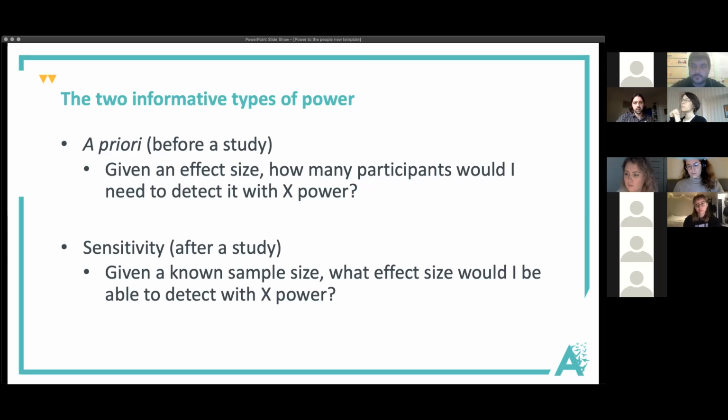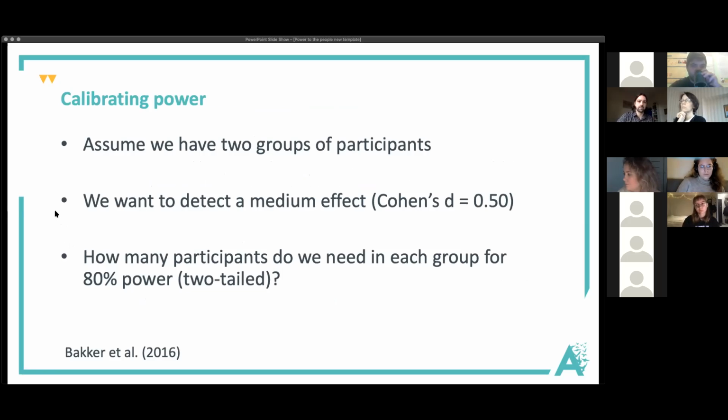But it's not really consistent with the theory of probability we're working with, because it's applying probability to an individual event where it applies to a procedure. So post hoc power is essentially your p-value just expressed differently. In any one study, if you've got a significant result, you had enough power. If you didn't have a significant result, you didn't have enough power. So it's not really informative, and we're not going to focus on it today.